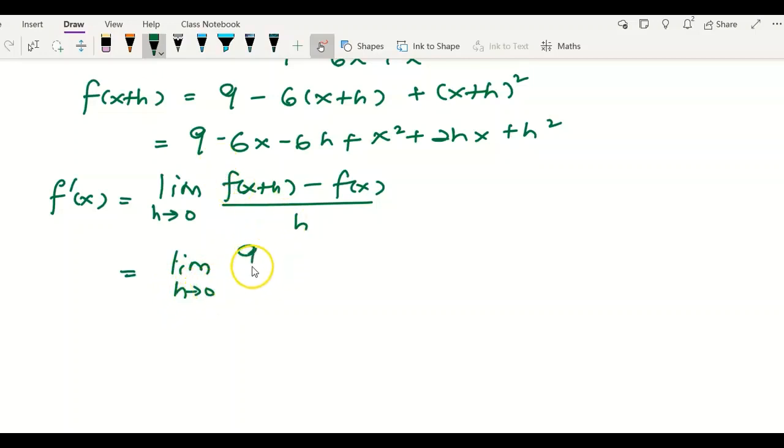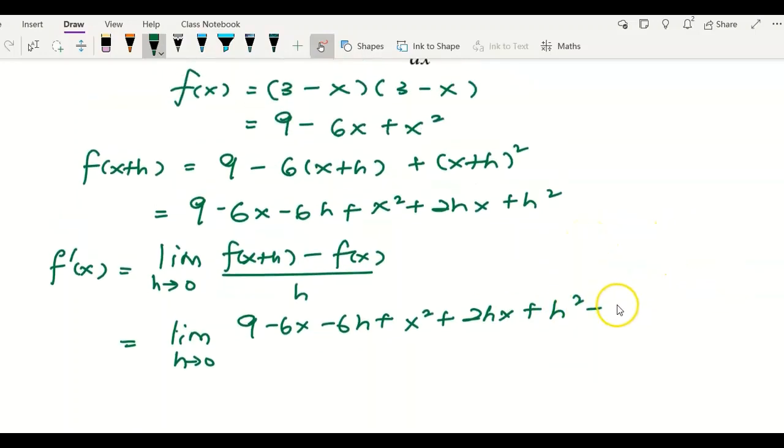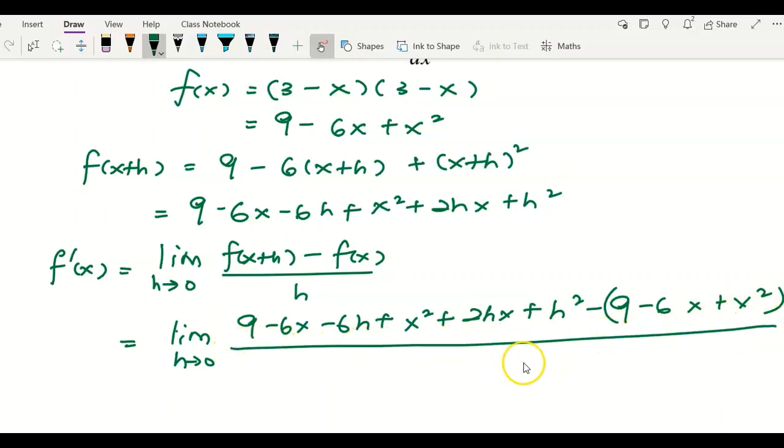You have your 9 minus 6x minus 6h plus x squared plus 2hx plus h squared minus f(x), which is given as 9 minus 6x plus x squared. Then all of them over h.